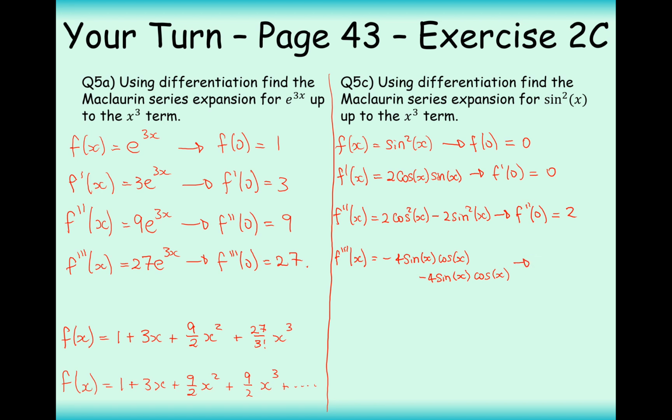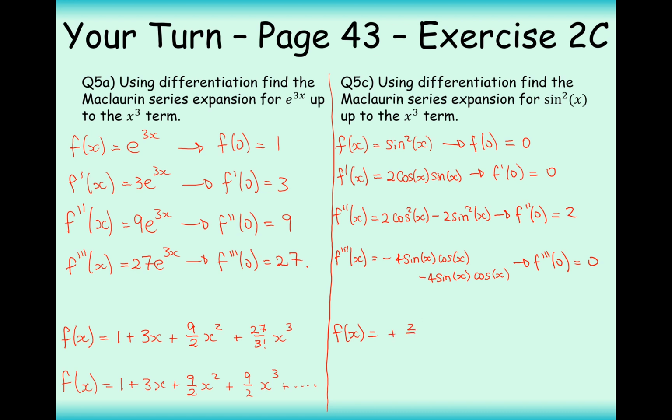And when we evaluate that at 0, so f triple dash of 0, that will equal 0 as well, because wherever we have a sine, we're going to have a 0.